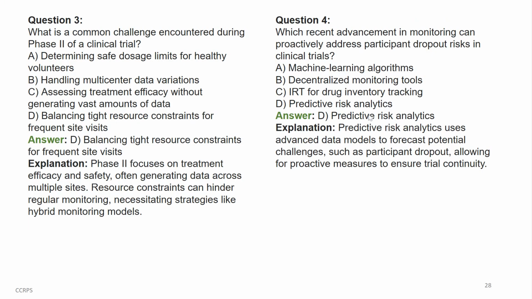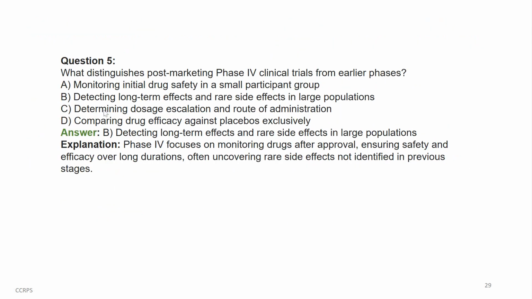So mostly it will be analysis, so the predictive risk analytics. Predictive risk analytics uses advanced data models to forecast potential challenges such as participant dropout, allowing for proactive measures to ensure trial continuity. Then we have question five.